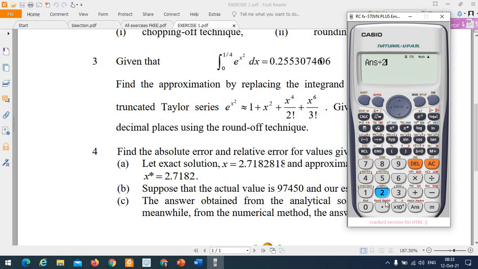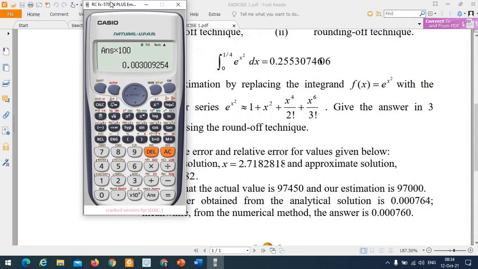So divide by 2.7182818. So this is the relative error. If you want it in percentage, you multiply by 100. Make sure you put the percent sign behind, so this is the relative error in percentage.